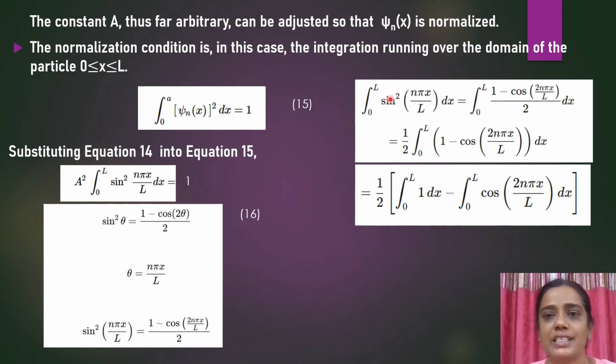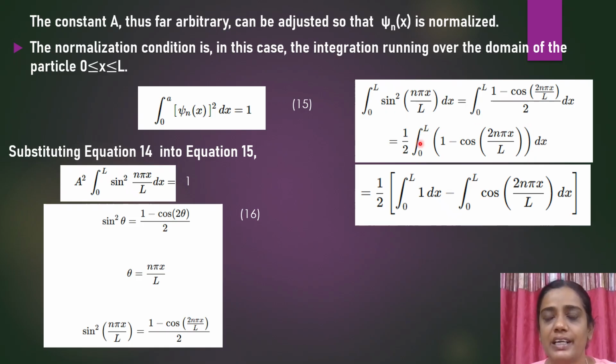So the integration part is integral over 0 to L of 1 minus cos 2 n pi x by L by 2 into dx. 1 by 2 is a constant term, so it can be taken out, so that within the integral we have 1 minus cos 2 n pi x by L into dx.